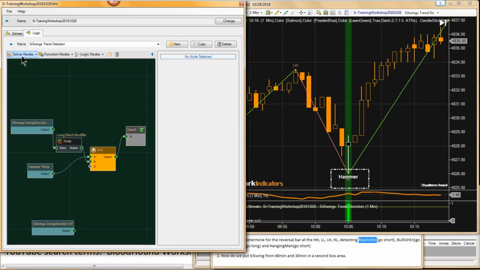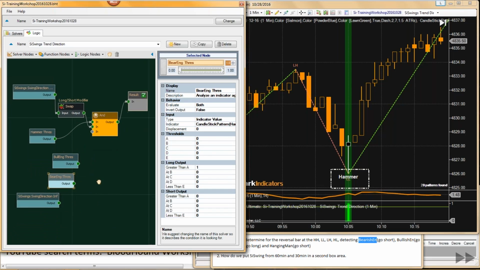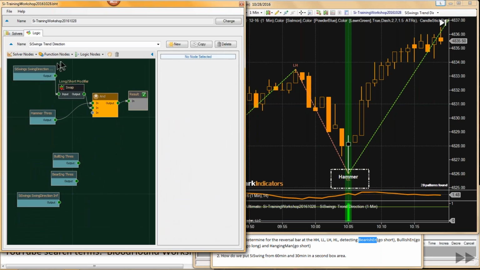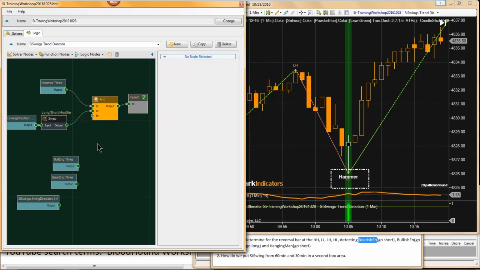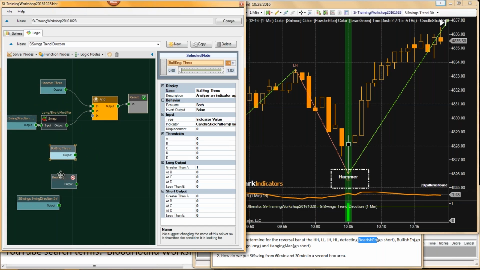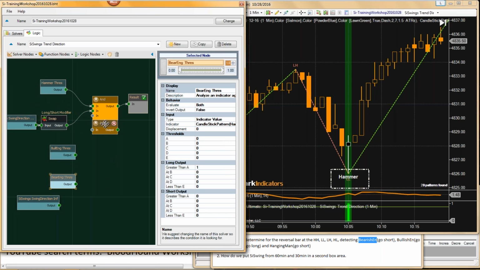Okay. So I'll just drop those on the board here. There we go. Just need a little organizing. Okay, so let's grab some more AND nodes.